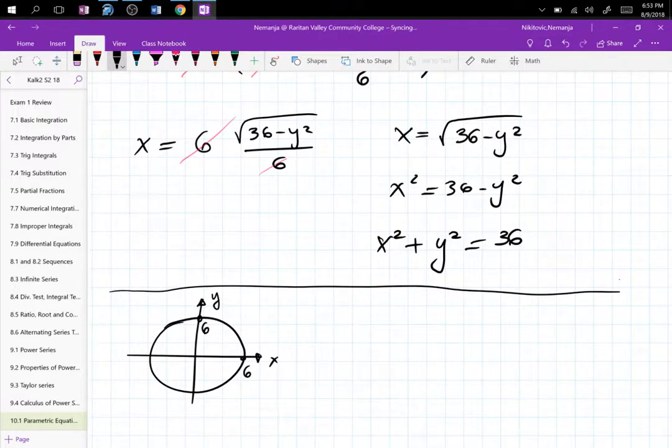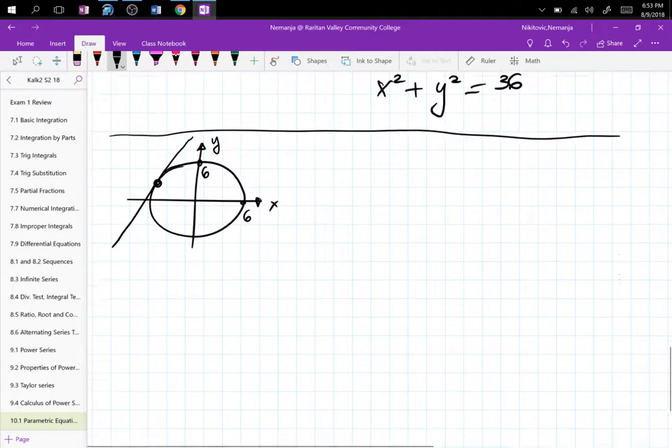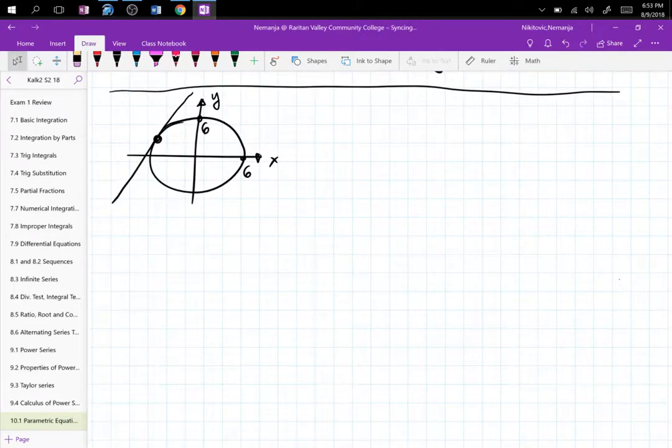And I know that at any given point on this circle, I can find the tangent line for that circle. Now that means that there is a derivative that we can work out for this. And this is the awesome part.